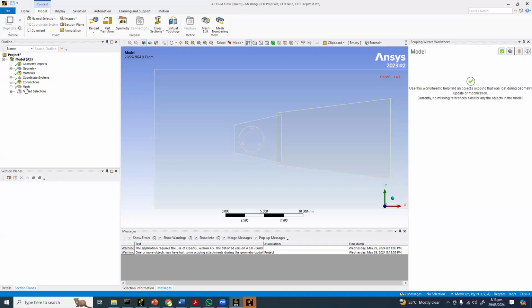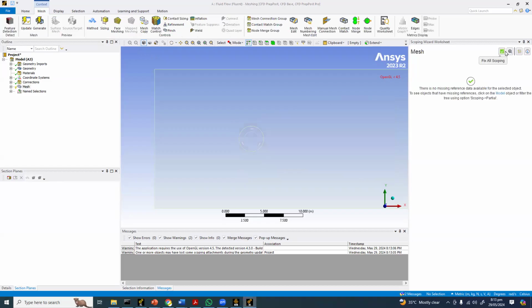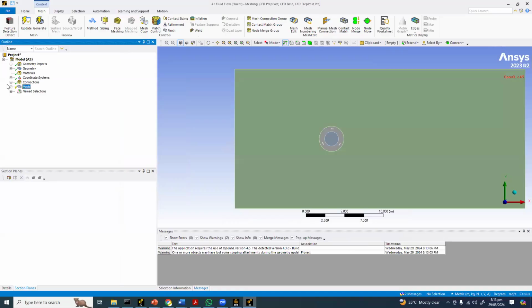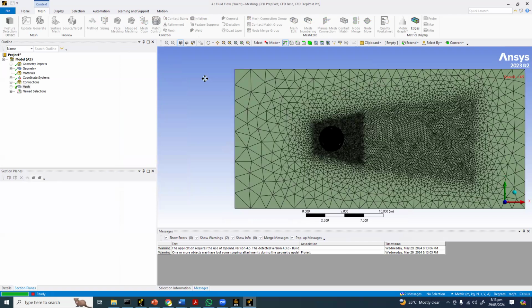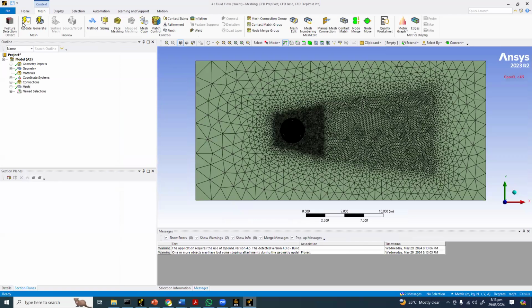Now simply click on the mesh. Here you can click on the green tick mark and then close. Then here you can click on generate. Simple. That's all. Then I will be updating the mesh.